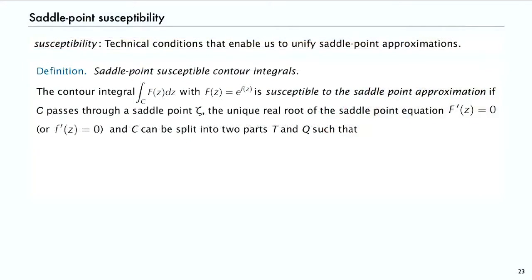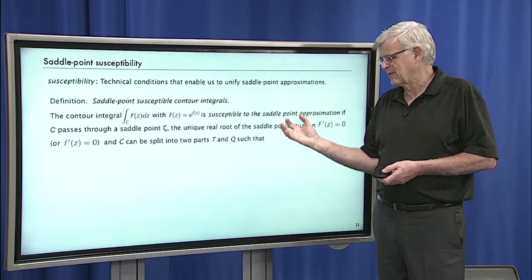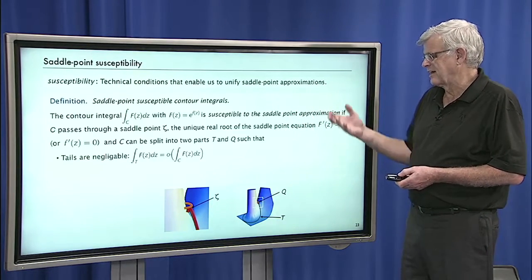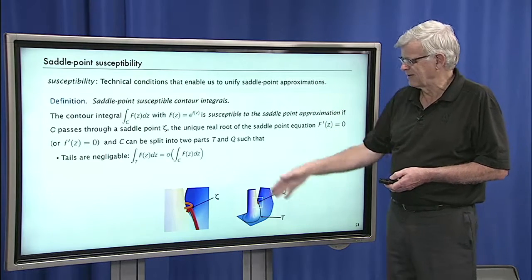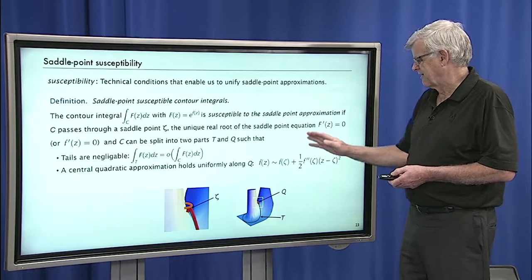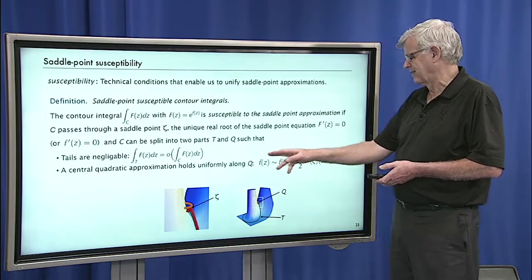All it is really is some kind of formal statement that this process is going to work, so that you can find the saddle point, which is the root of the saddle point equation, and the curve can be split into two parts such that the tail part is negligible, and the part that's not negligible is near the saddle point.